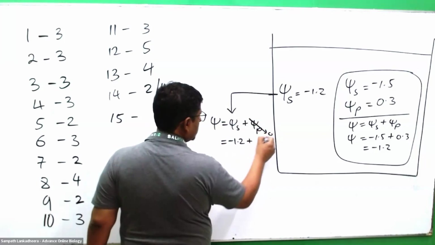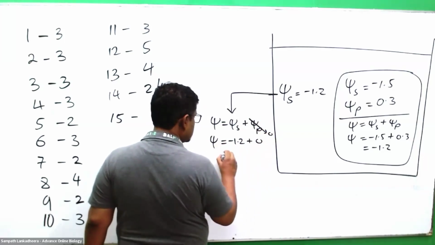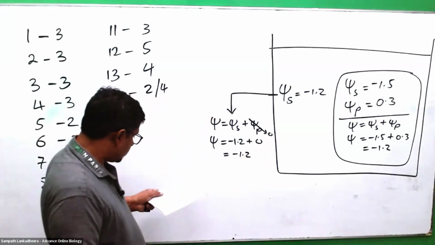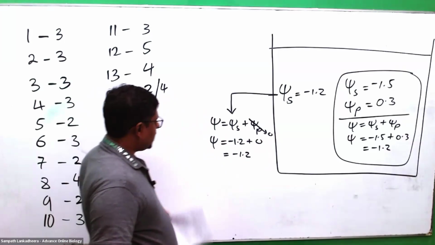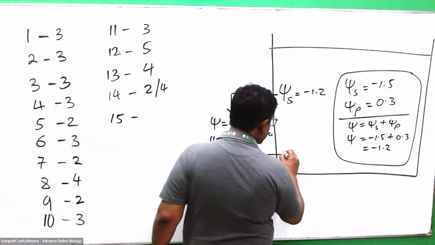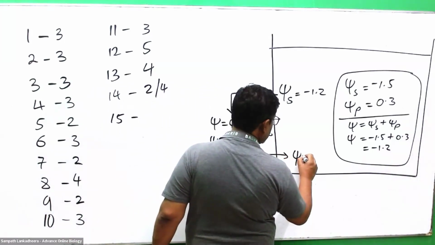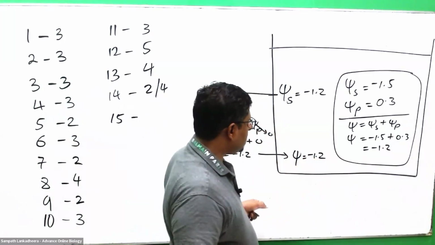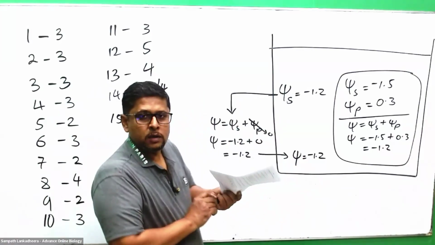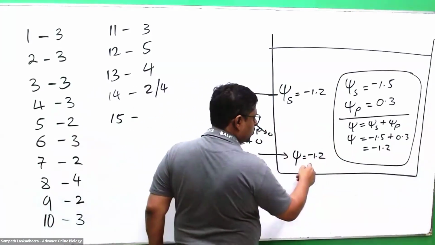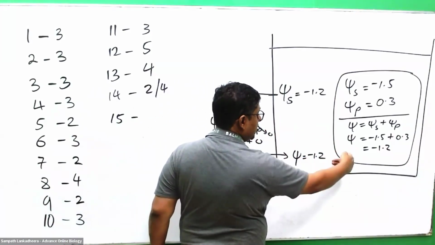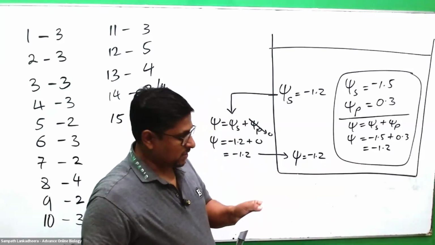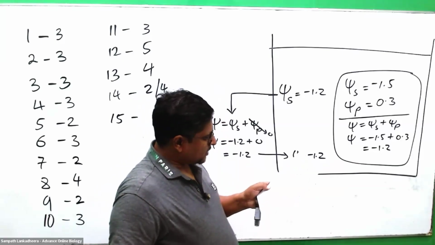Therefore, water potential is equal to minus 1.2. So this outer solution water potential is also minus 1.2. Cell water potential is minus 1.2. So, comparing the outer solution and the cell, the water potential is equal. That means the cell is in isotonic solution.